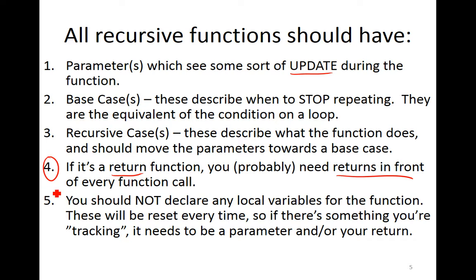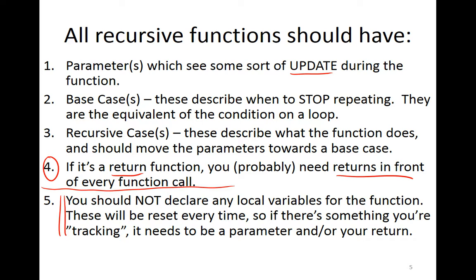So those are things that you should do, 1 through 4 there. A thing you should not do, which does take a little bit of time to break this habit, is that pretty much always, when you write a recursive function, you're not going to be using or declaring any local variables. By local variables, I mean variables that you make at the beginning of the function.